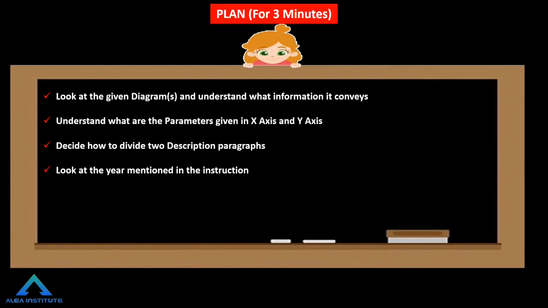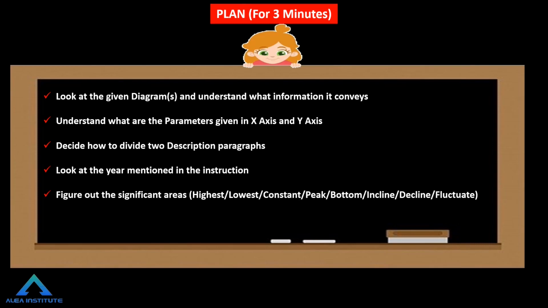We will look at the year or the time period mentioned in the instruction given in the image. We will try to figure out the significant areas such as highest, lowest, where it was constant, where it was at the peak. Also, we will try to find out the overview and the trend of the image.